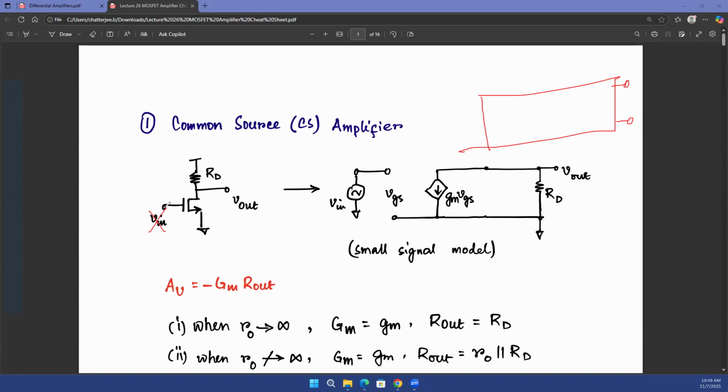So V in is going to be grounded, and you will try to put a test voltage source Vx at the output side, and try to find out what is the test current Ix going into that black box. So if that current is Ix, and this test voltage source is Vx, then Vx over Ix is going to be your output resistance.